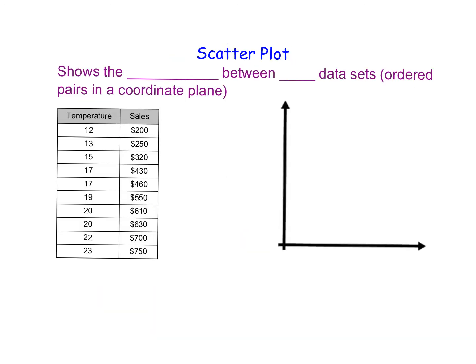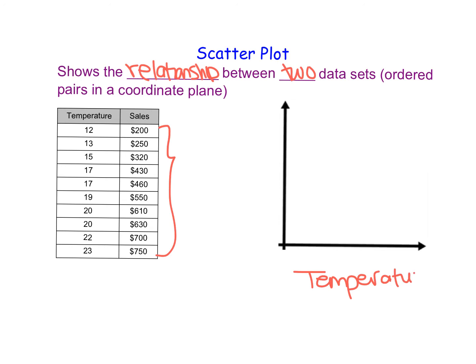Now, scatter plots we've done before, and they show the relationship between two data sets, and you'll have ordered pairs in a coordinate plane. So here you can see we have data. We're going to have temperature along our x-axis. We're going to have sales along our y-axis. We would make a little key.